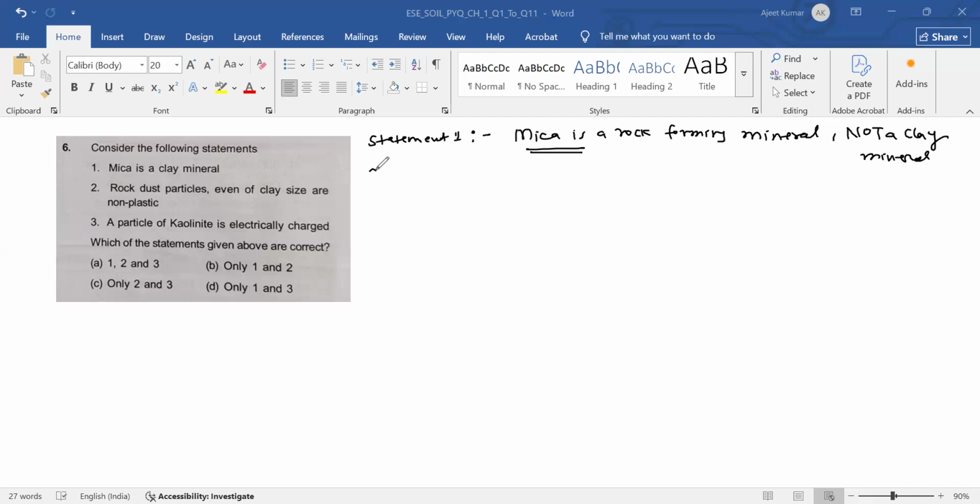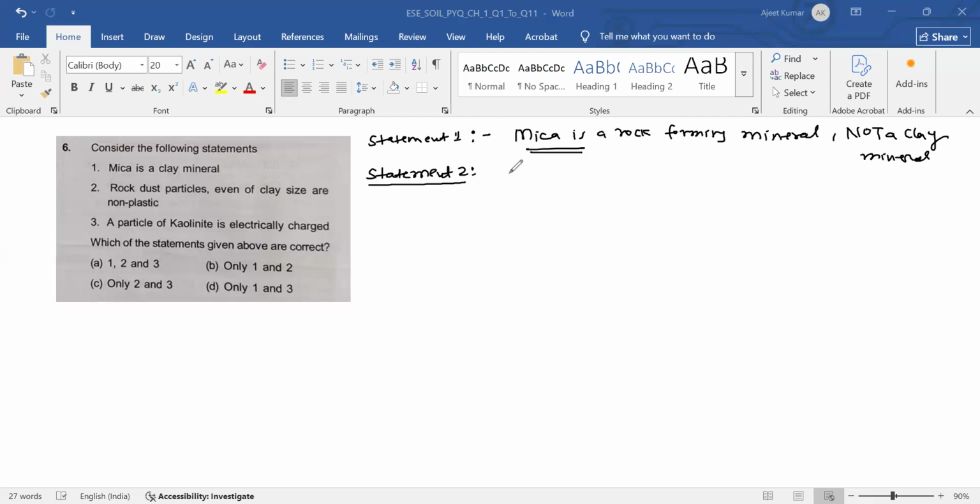Now statement 2. Statement 2 is: rock dust particles, even of clay size, are non-plastic. So this is a correct statement.